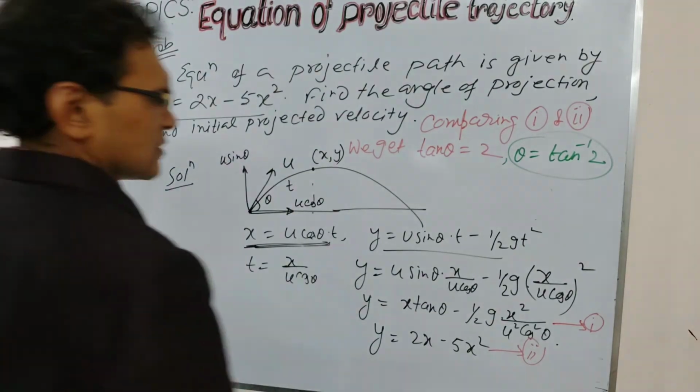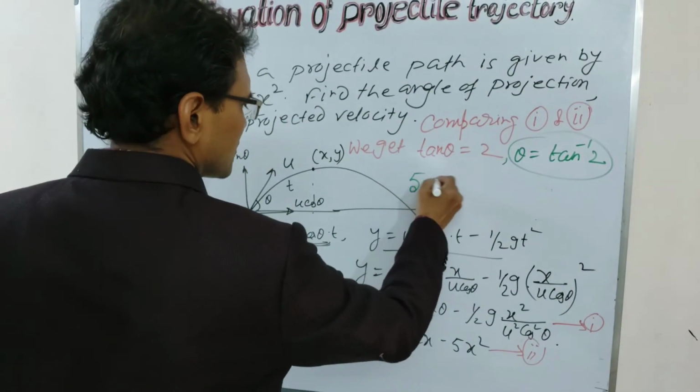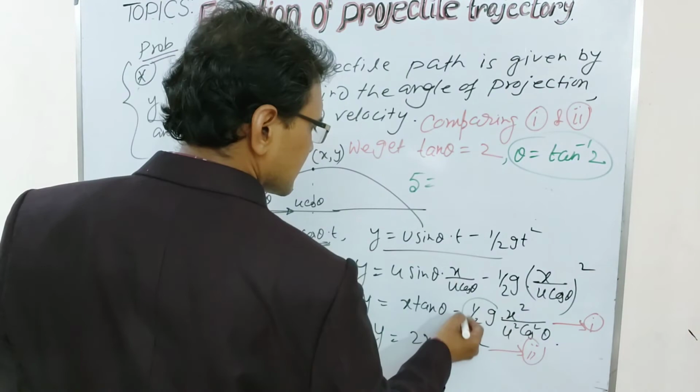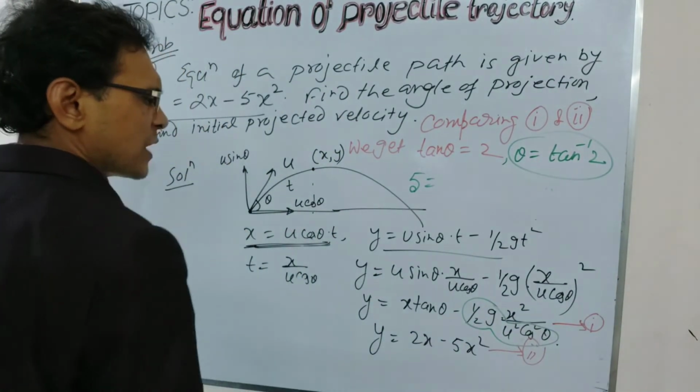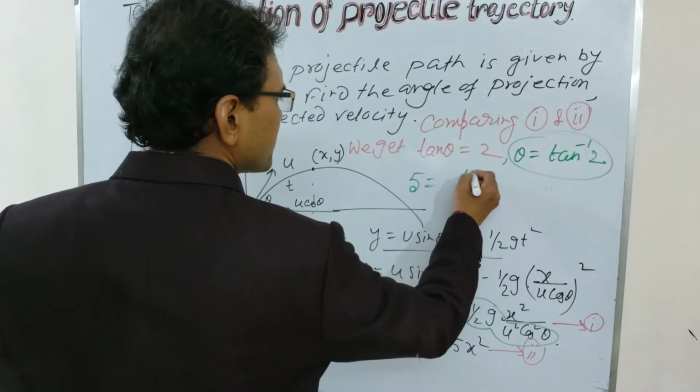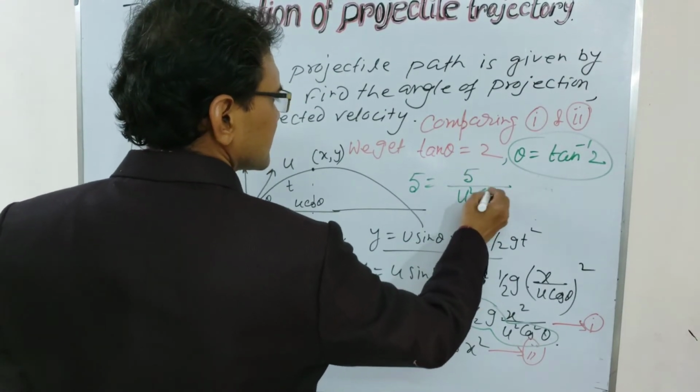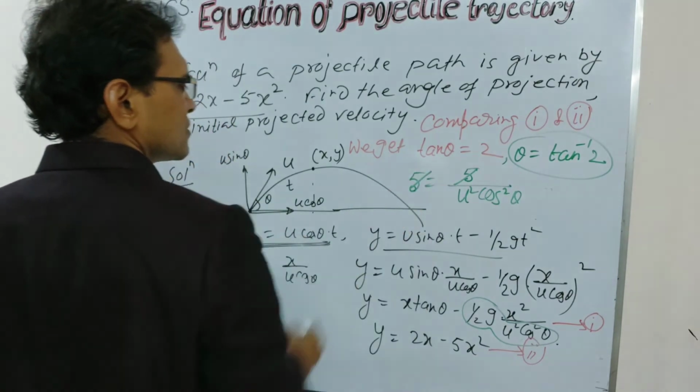Now here the coefficient of x square is this, and here 5, so 5 equal to g by 2 u square cos square theta.